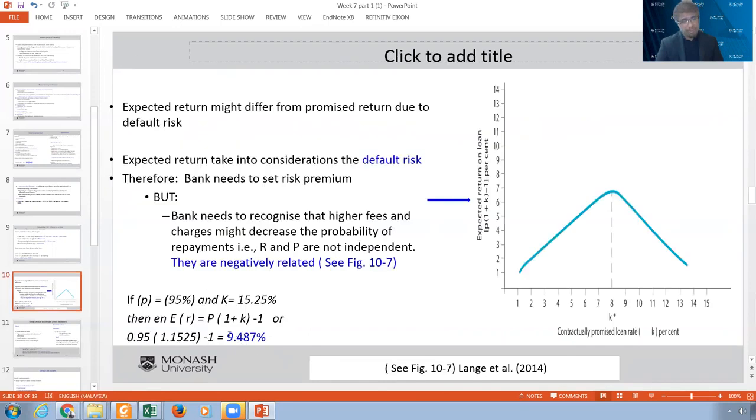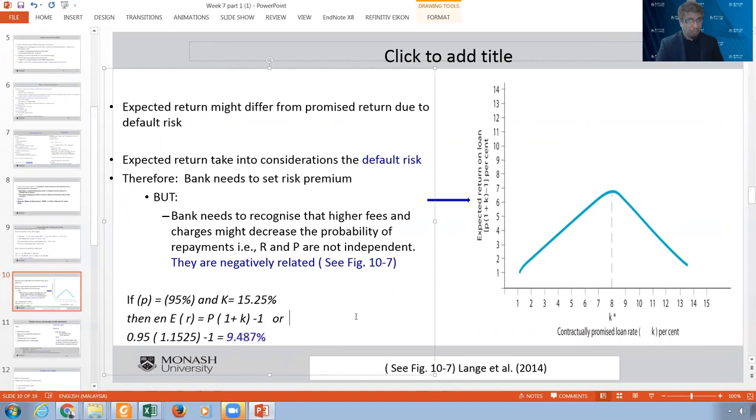This is the return to the bank. And why is this drop? Because the 5% is not only from the interest, it's actually from the principal and the interest. This is why we see this huge drop. So when the probability of payment drops for a customer, or for our portfolio, it's very risky because it dropped the return highly.